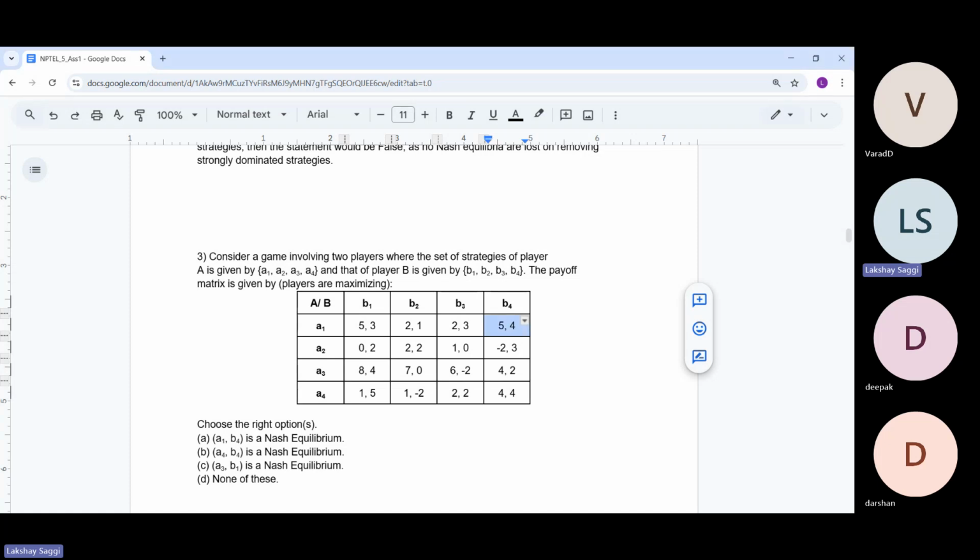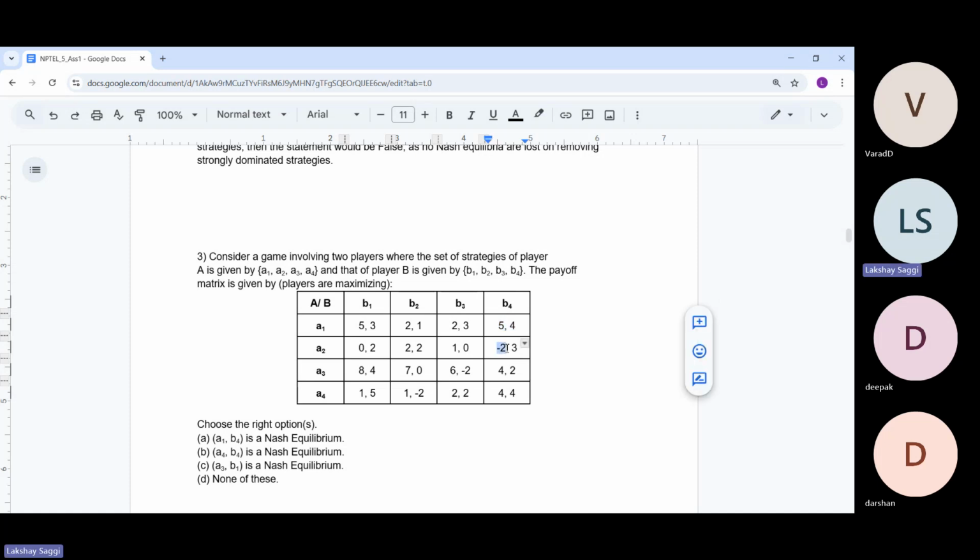So let's check if this is indeed a Nash equilibria. For the row player, in this A1 comma B4, the payoff for the row player is 5 and the payoff for the column player is 4. Let's see if any player has an incentive to switch. If the row player decides to switch to, let's say, A2, then his payoff reduces to -2.